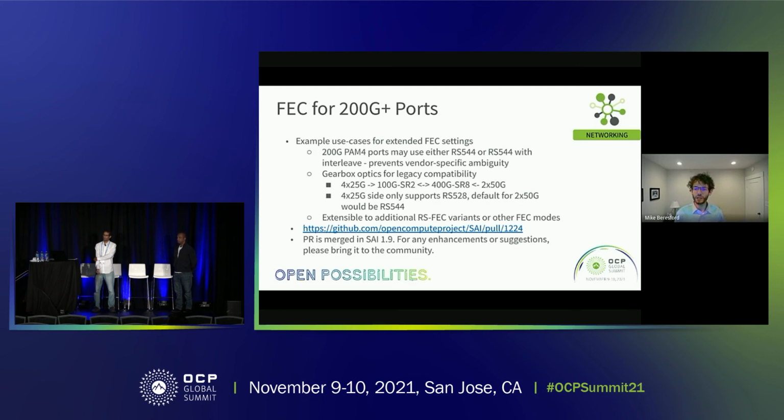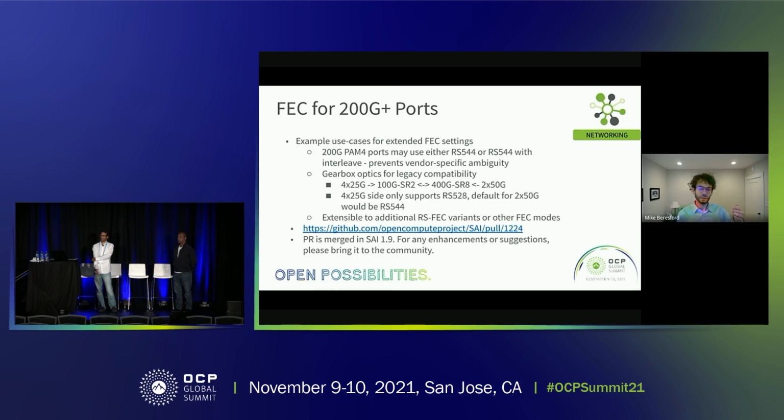And if the remote side was using 2x50 gig lanes to like a 400 gig SR8 optic, that would typically default to RS544, but might support RS528 as well. So what we would do in this case is set the 2x50 gig side to use RS528 FEC as opposed to the default of RS544, and that would allow us to bring the link up.